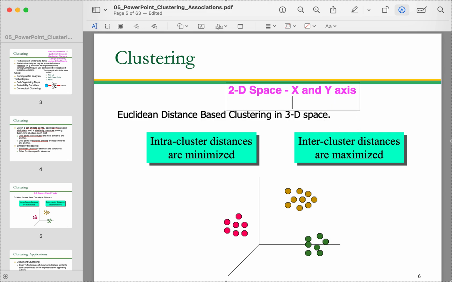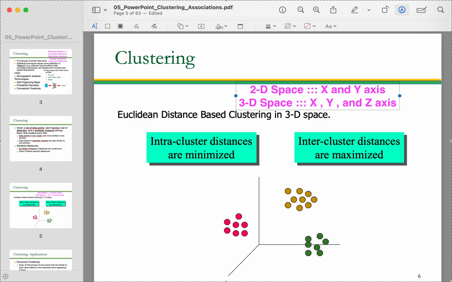In three-dimensional space, we have x, y, and z axis. So what we are seeing here is three-dimensional space.